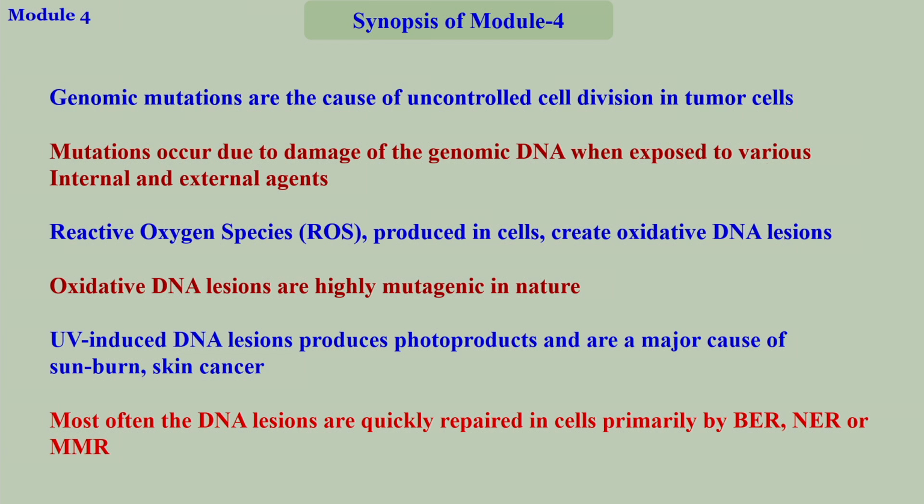First, genomic mutations are the cause of uncontrolled cell division in tumor cells. Nearly all tumor cells have mutations in the genome, and that is the primary cause of their uncontrolled cell divisions. For example, in our cell, when cell division happens, there are two genes that control the cell divisions.